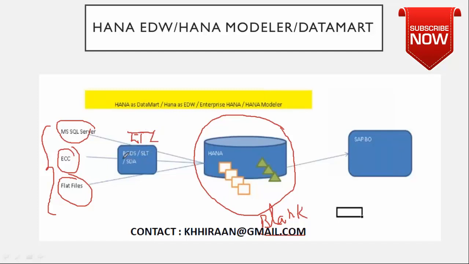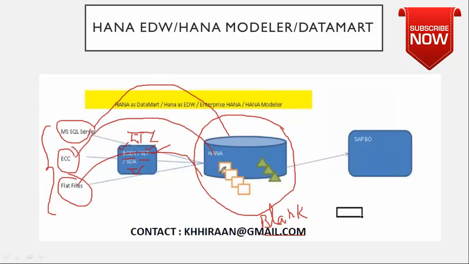There are ETL tools called BODS, Business Objects Data Services, which is a SAP product, and HANA has an inbuilt ETL tool called SLT, SAP Landscape Transformation, which provides real-time access. SDA, Smart Data Access, is again HANA inbuilt. By using these three different tools, I can extract the data from the various data sources into HANA.